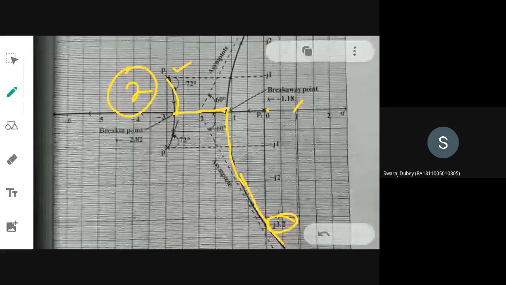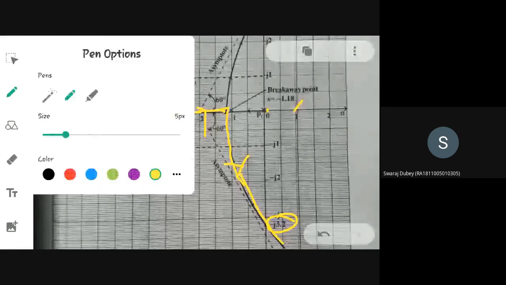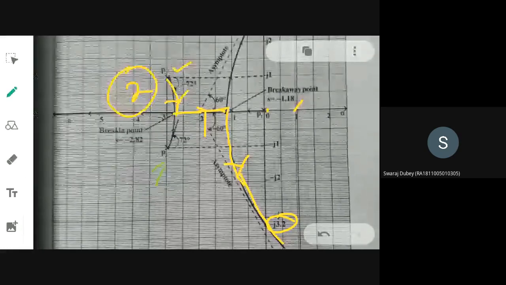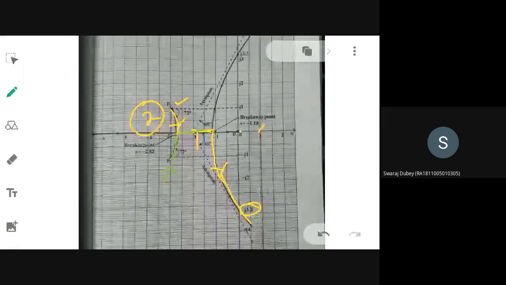So in an opposite symmetry you should draw the third root locus branch. I will be drawing it in green color line. It starts from this pole. Along the angle of departure it will travel, and again it will travel through the real axis, it breaks away and it crosses the imaginary axis at this point. So this is branch number 3. Always root locus branches will be having a symmetry over the real axis.